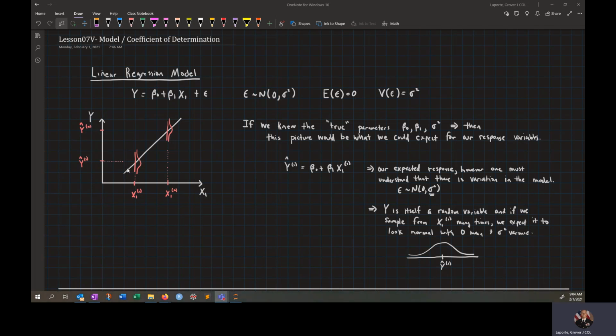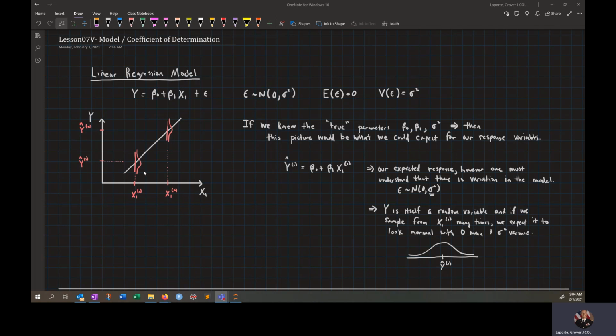But the picture would look something like this, where you have a data point, and if you were to sample from that predictor multiple times, you'd have some sort of distribution around this value here, where epsilon has an expected value of 0, so we would expect it to be on that line, but it will not necessarily be. This spread around that line depends on what the true value of sigma squared is.